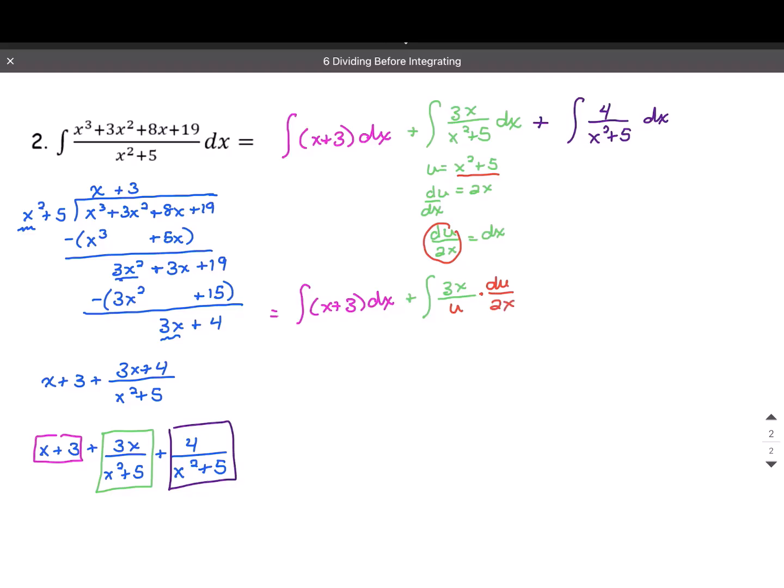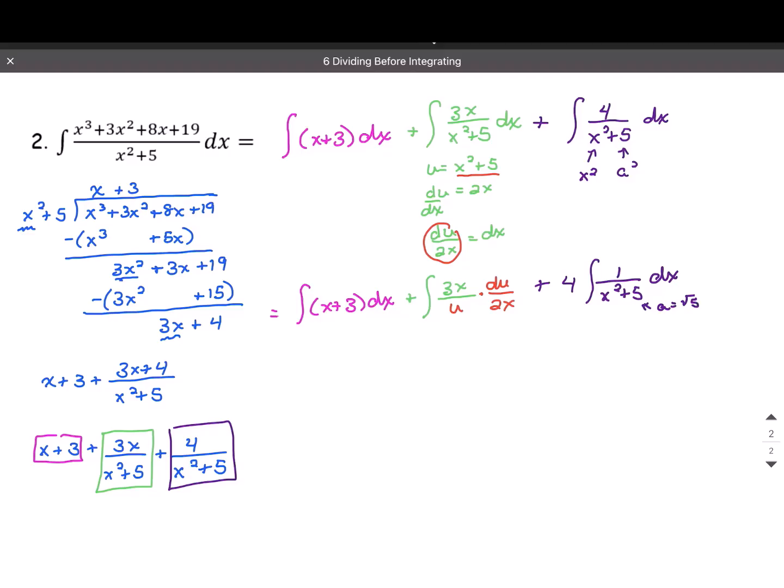And then I still have my third integral. That 4 is a constant, and if I look, that's my x², and my a² is 5. That would be a tan inverse. So that's 4 times the integral of 1 over (x² + 5) dx, where this a is the square root of 5.